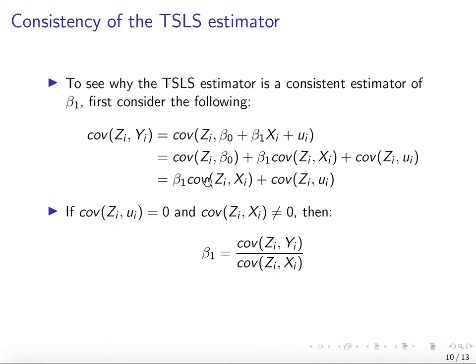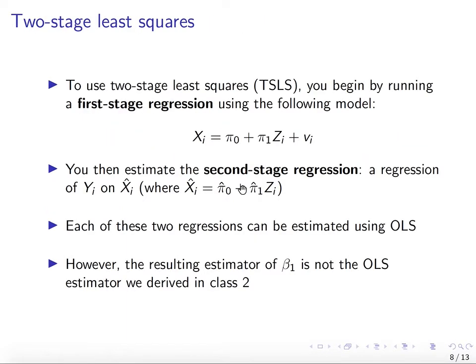Second, I actually want the covariance of zi with xi to be different from 0. I want to make sure that my exogenous variable actually has an impact on xi. If it's not the case, then my prediction of xi is just going to be 0 everywhere. I hope that makes sense. If there's no correlation between z and x, then this parameter here is just going to be 0.